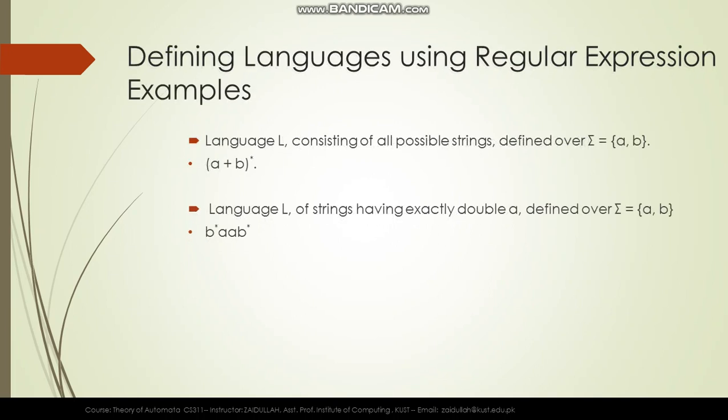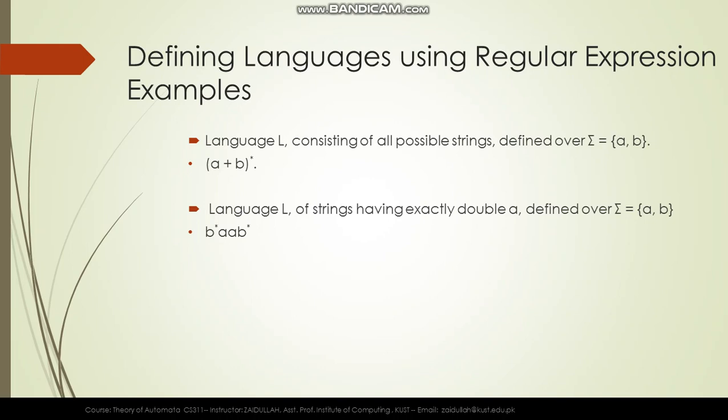The next example is let we have a language L consisting of all possible strings defined over a, b. Then we will make it as (a + b)*, where plus is read out as or. So a or b and the whole is star, means that it can be repeated 0 or any number of times.